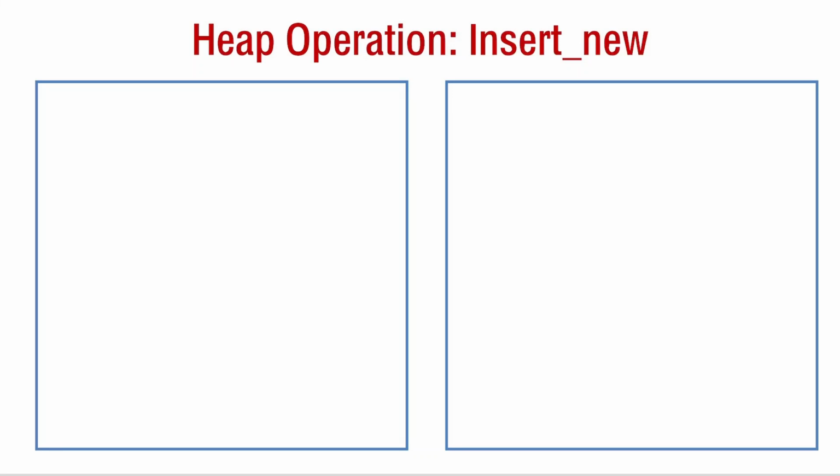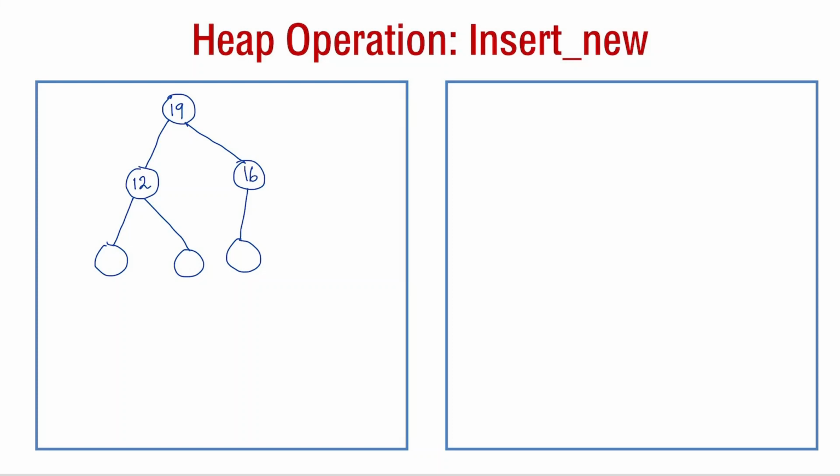So let us look at our example of how we will insert a new element. Suppose we have a heap like this, which was 19, 12, 16, 1, 4, 7, and as we said, we maintained it as an array.